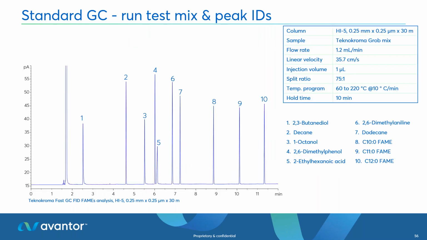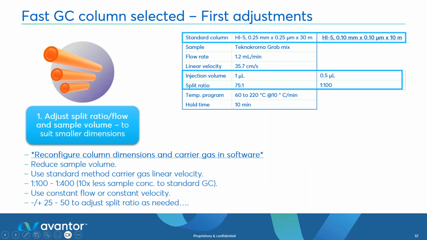So when we had the standard run, you can see the peak IDs, and we've got a flow rate of 1.2 mL per minute, linear velocity of 35.7, split ratio 75:1, injection volume 1 microliter, and 10 degrees per minute in the oven ramp. So this will all change. First, we adjust the split ratio because we don't want to oversaturate the column.